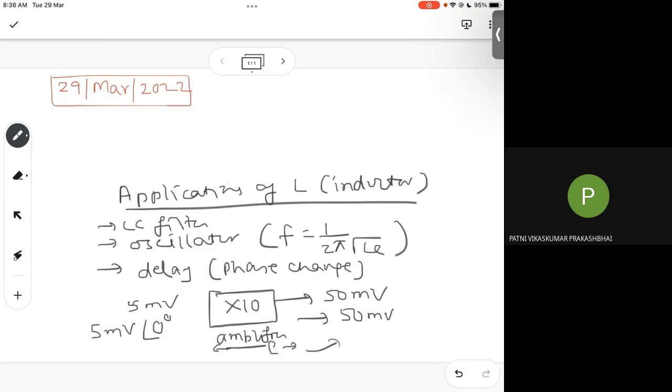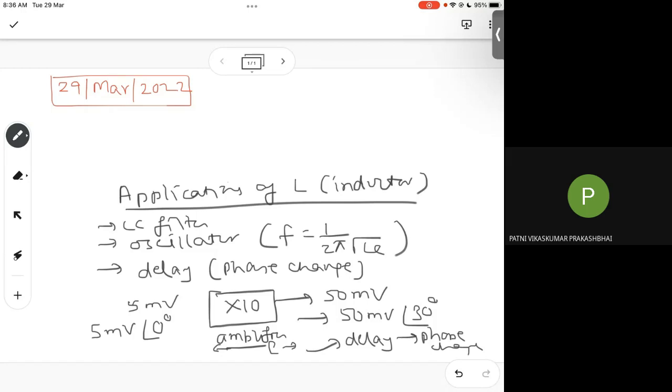This delay introduces a phase change. Let's say I get 30 degree, and we have to compensate for this 30 degree. So I have to use a delay of 330 degree to get almost 360 degree or 0 degree at the output. That can be done by introducing an extra line length.